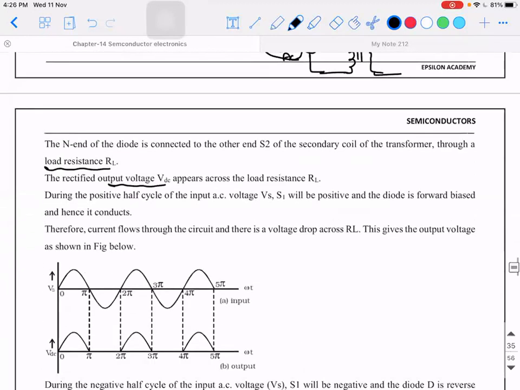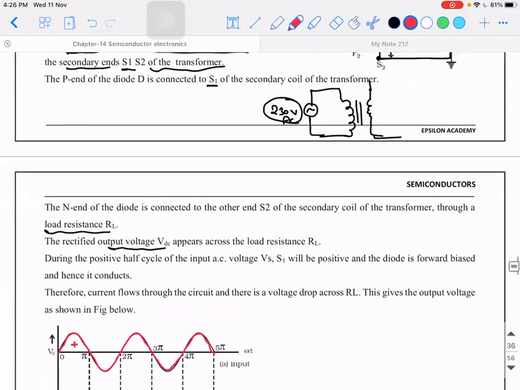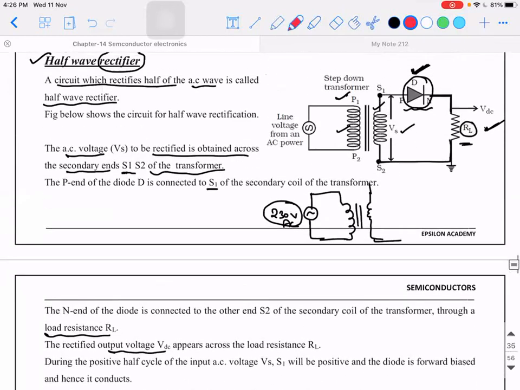So what exactly happens is, when the alternating voltage appears at the secondary, that is given as an input to the PN junction diode. During the positive half of the cycle, S1 will be positive and S2 will be negative.